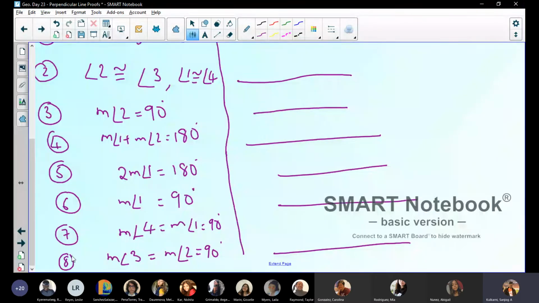Both together, I can say seventh step. This itself is seventh step. Okay, I don't need a separate reason for this one.